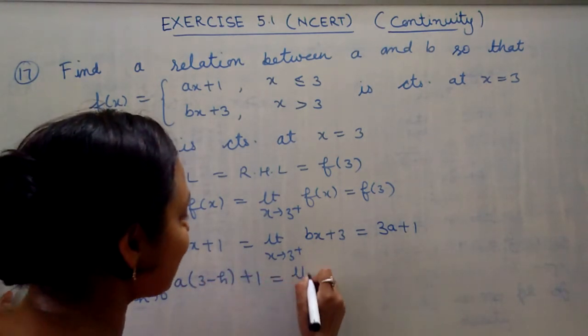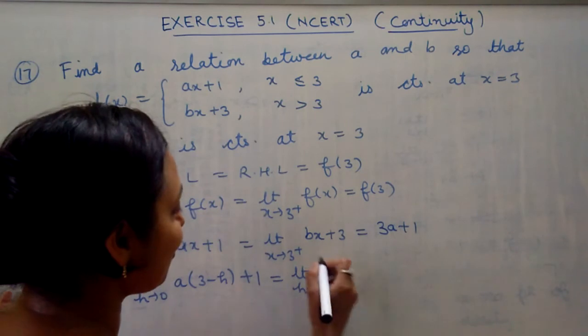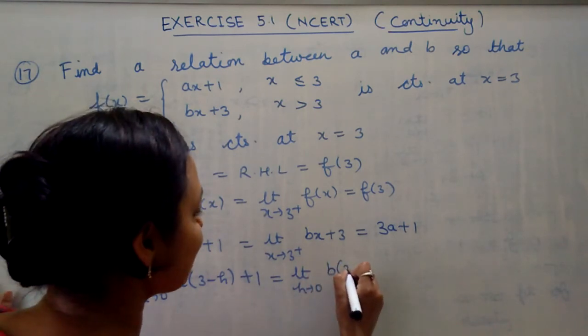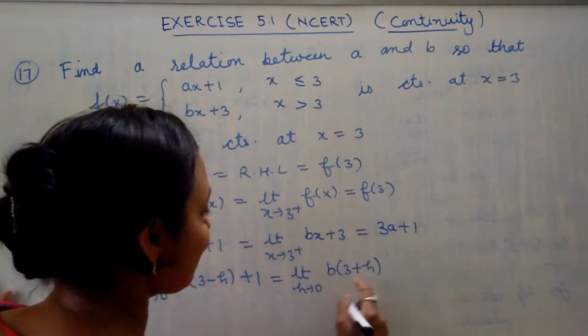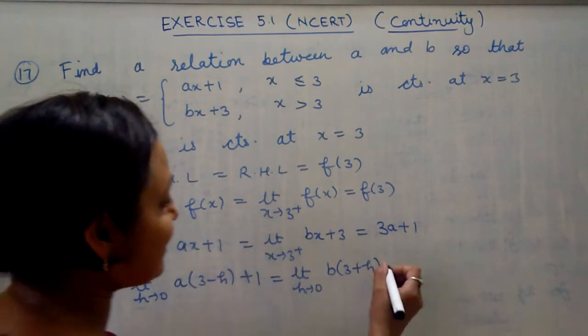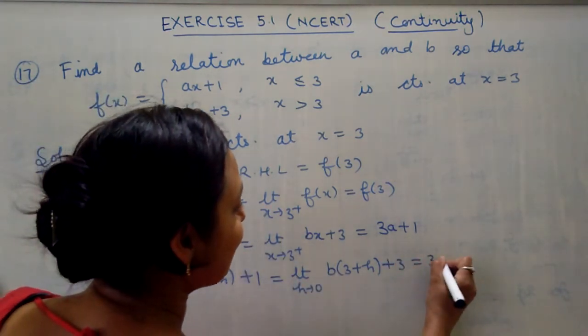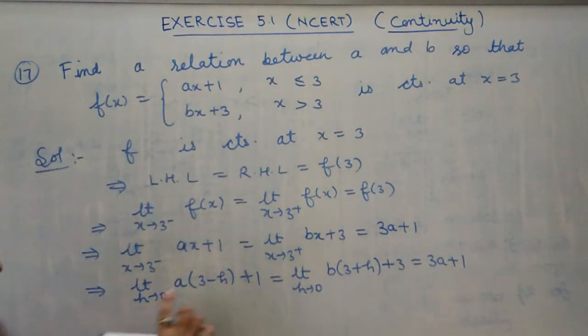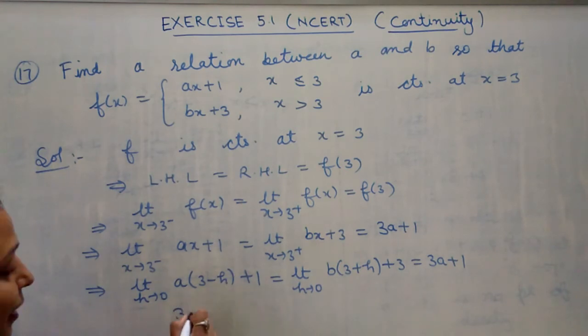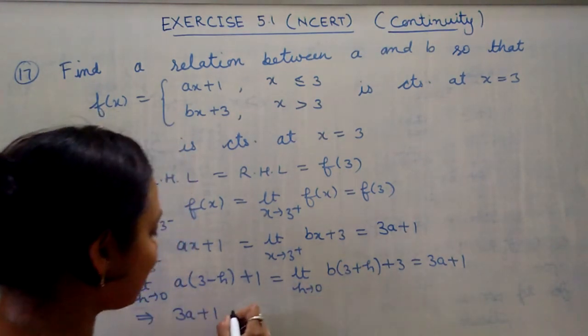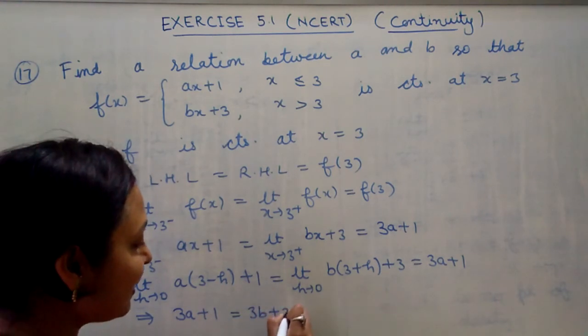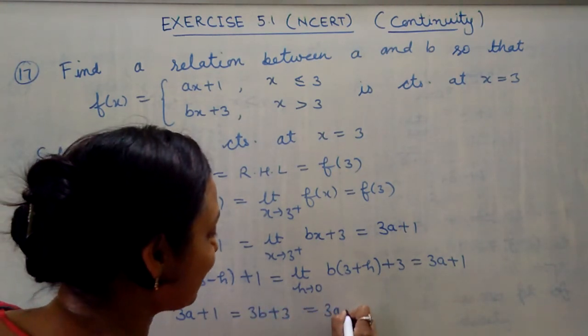When h approaches 0, this will convert into 3 plus h plus 3 equals 3a plus 1. When you substitute the value 0 here, it becomes 3a plus 1. When you put the value 0 here, that is 3b plus 3 equals 3a plus 1.